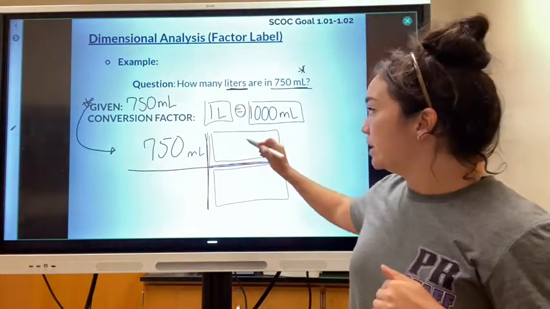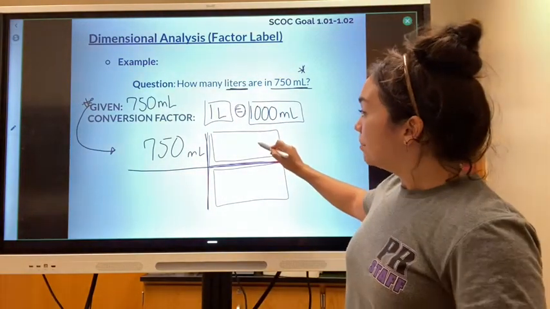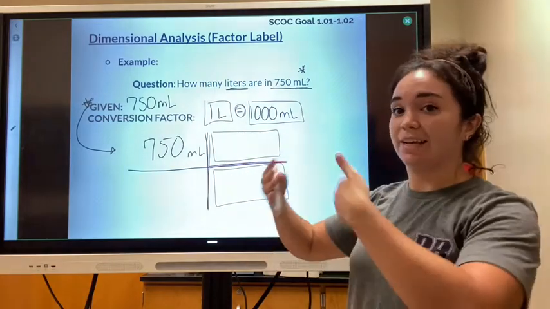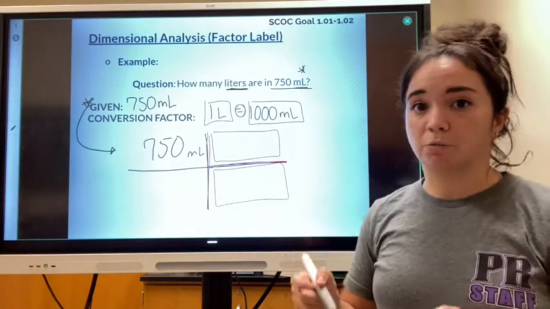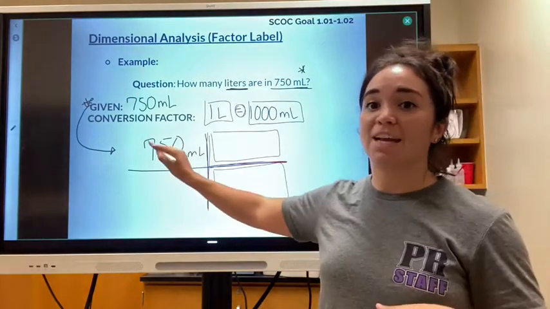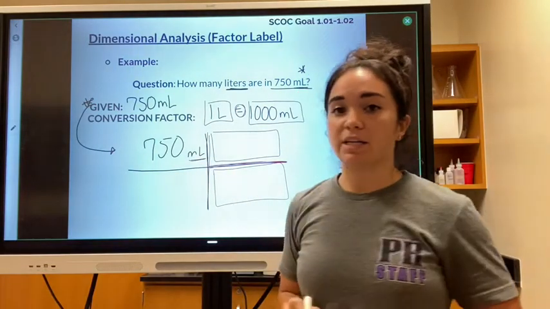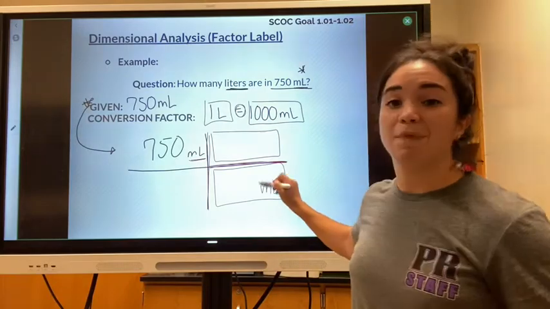If you read that chart that I told you to copy down, the top is always going to be your goal unit, or what you're trying to get to, and the bottom is always going to be the unit that you started with. It's going to be the unit that matches your given. So whatever unit you have right here needs to be the same unit on the bottom.